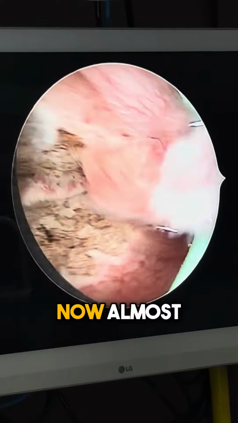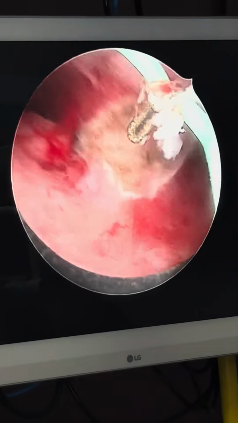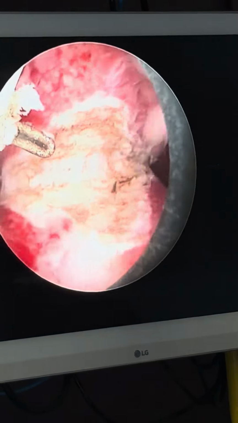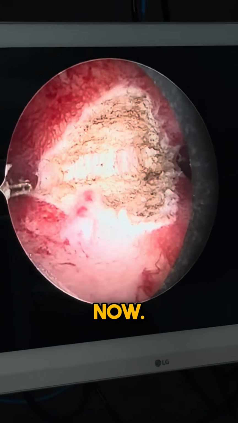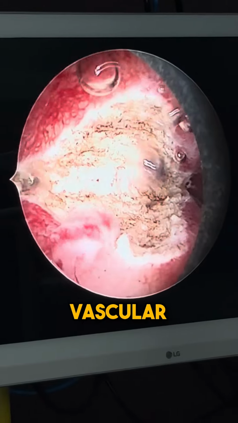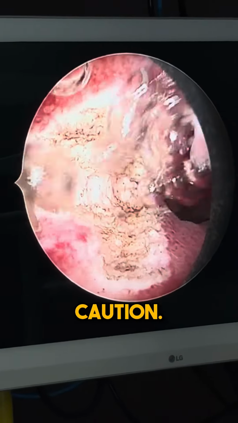See this? Now we are almost nearing completion, where nicely we are now looking at the fundus. Almost 75% of the septum is cut now. Now this is going to be a vascular part of the septum, so we have to proceed with caution.